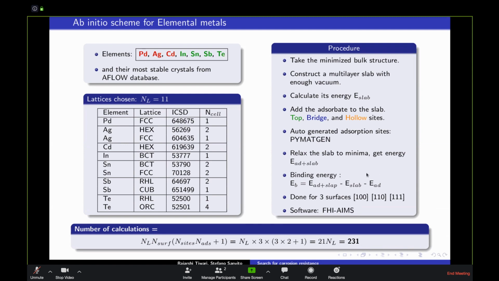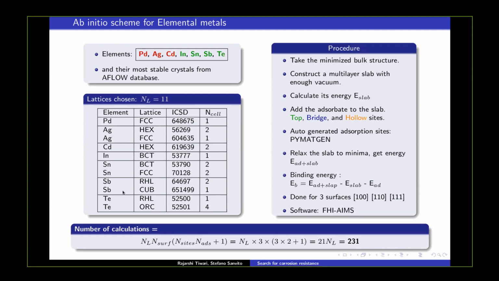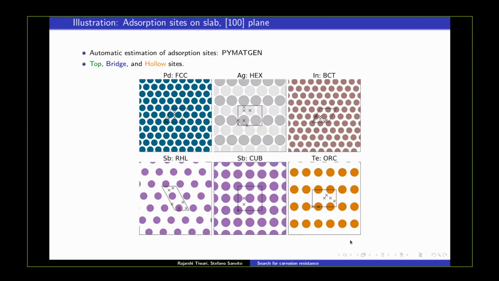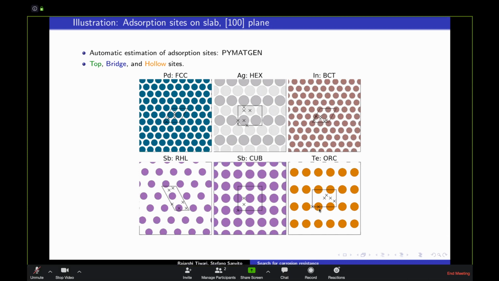We did this calculation for these 11 lattice systems on each of three surfaces using FHI-aims, which gives us roughly 231 sets of calculations. So here is the illustration of top, hollow, and bridge sites.